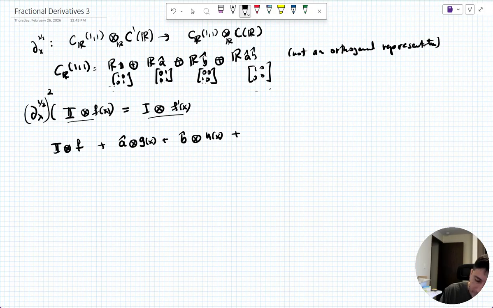These two are linearly independent, but they're not necessarily orthogonal.